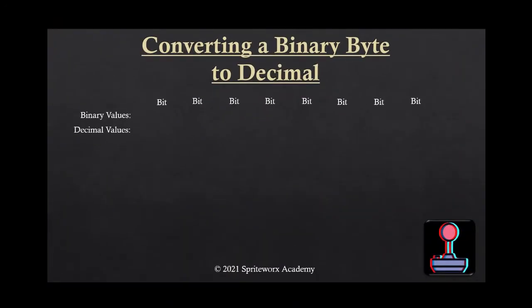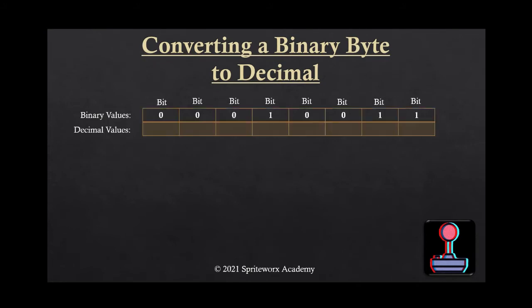So let's take an example to find out how we can convert a binary byte value into its equivalent decimal value. So let's take an example byte of, let's say, 00010011. And if we convert this value into its decimal value, we take each bit that is turned on and we record its equivalent decimal value.